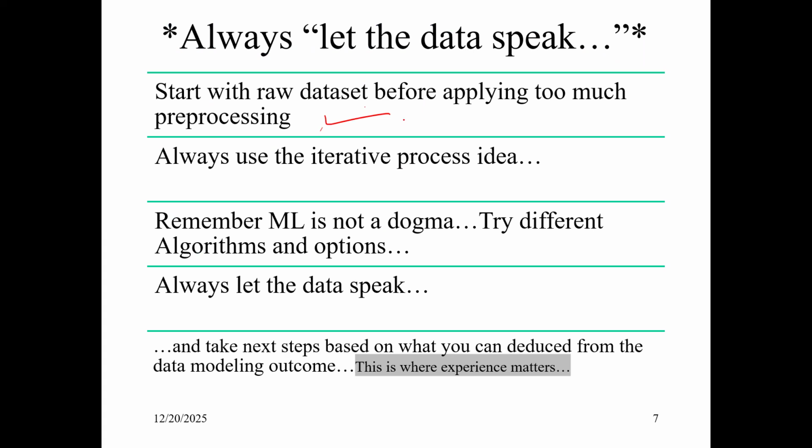Even when you have missing value, use algorithms that support inbuilt missing value treatment, like the decision tree families. You can use them. Always use the iterative process idea. That is, you can always go back, bear it in mind. Since you can always go back, there's no need to spend almost 60% of your time doing preprocessing.